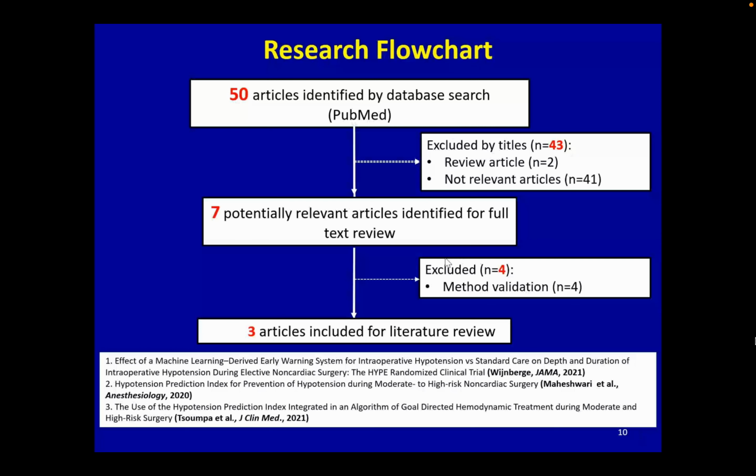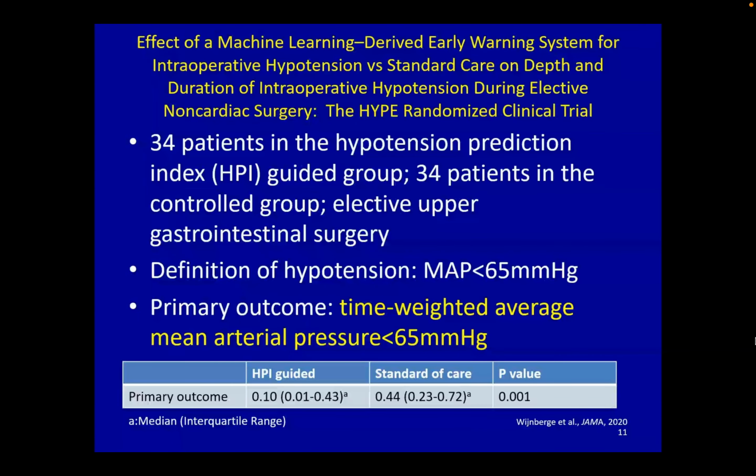The definition of intraoperative hypotension is the mean arterial pressure lower than 65 millimeters of mercury. The primary outcome is time-weighted average mean arterial pressure lower than 65 millimeters of mercury. The results presented that the time-weighted average in the HPI group is significantly lower than the standard of care group.